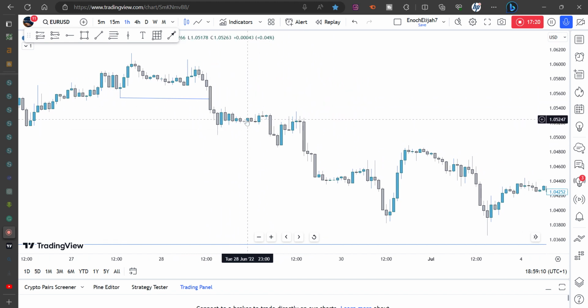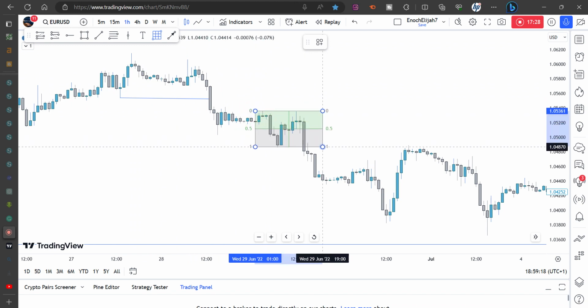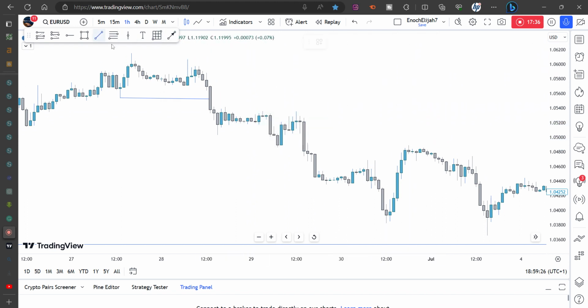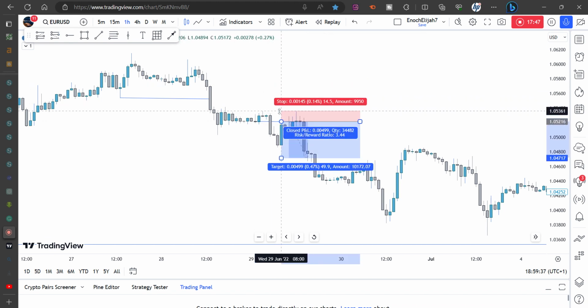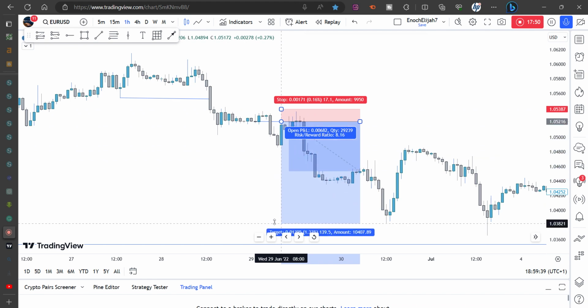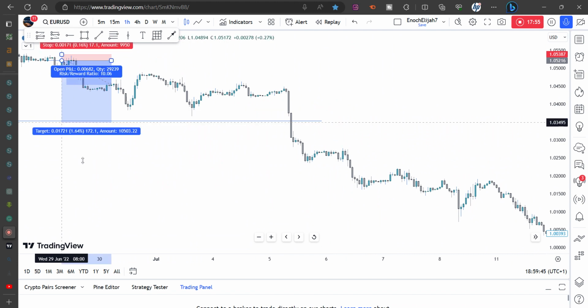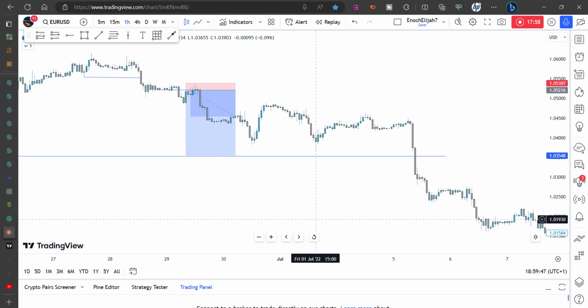Now price actually created another swing high and low here, and when you measure it, at the premium level right there you have your imbalance and also your bearish order block. So on this day, you'd be selling at that level. And look at what price did. Price from there sold massively. This is our daily low.